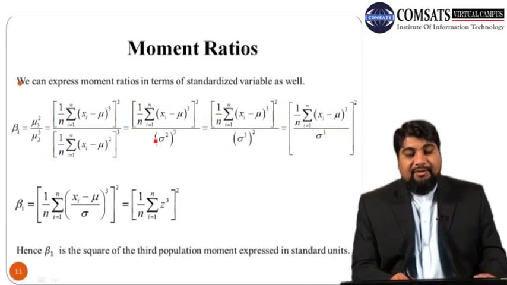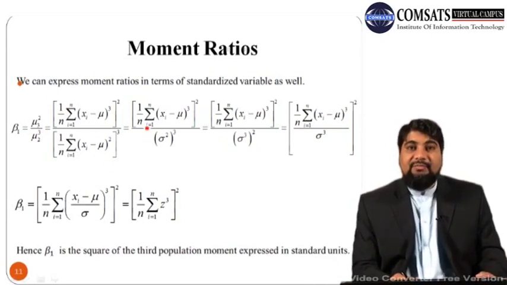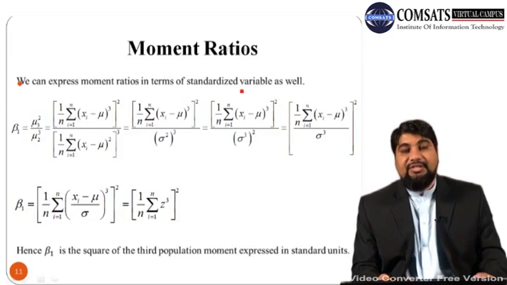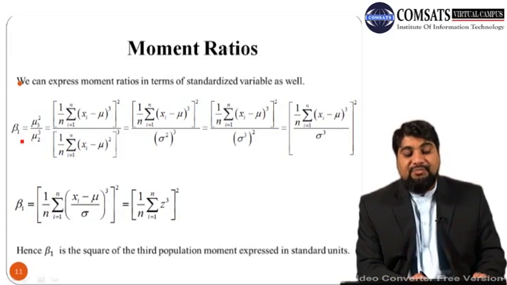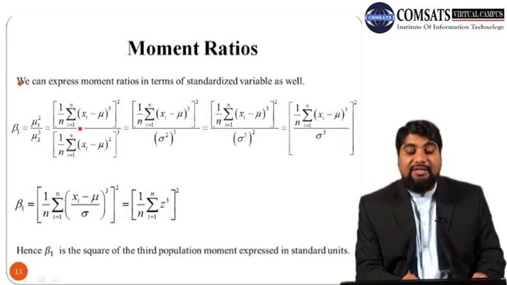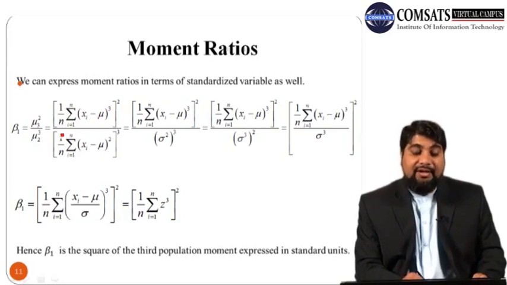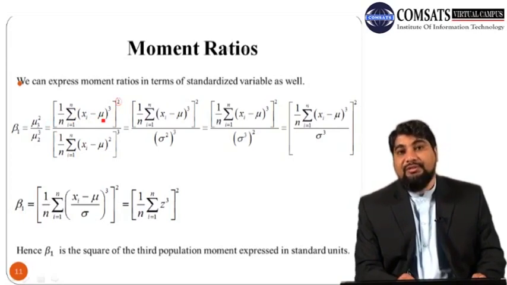So now we can also express the moment ratios in terms of the standardized variable. Here the first moment ratio is beta 1, which is mu3 square over mu2 cube. Remember that mu3 is the third population moment about the mean, so it is 1 over n into the summation of xi minus mu whole cube, where i ranges from 1 to n, and we take the square of this full expression.